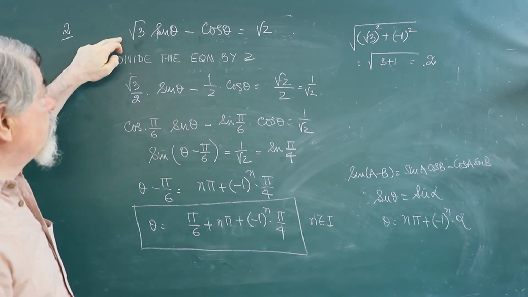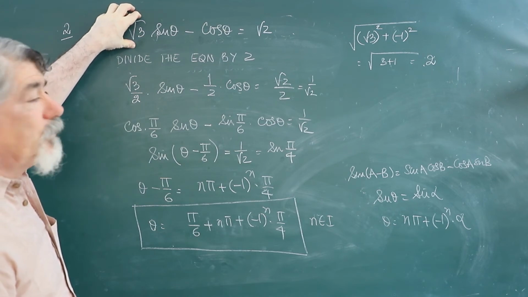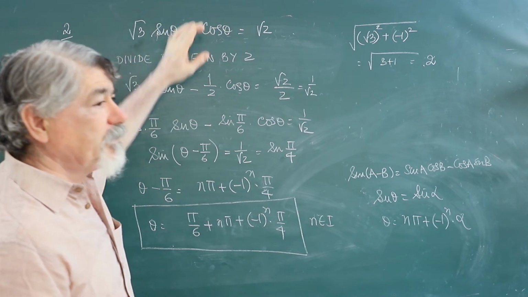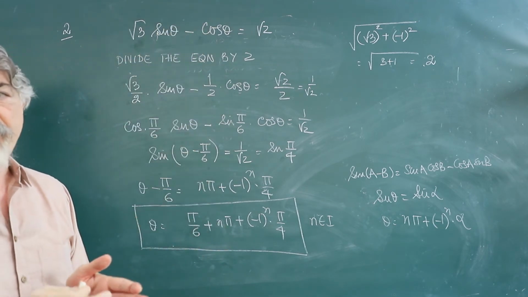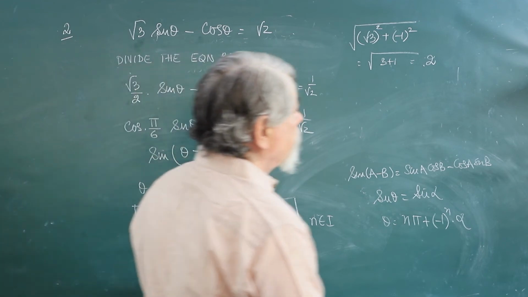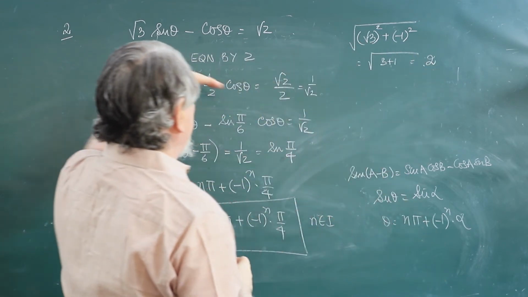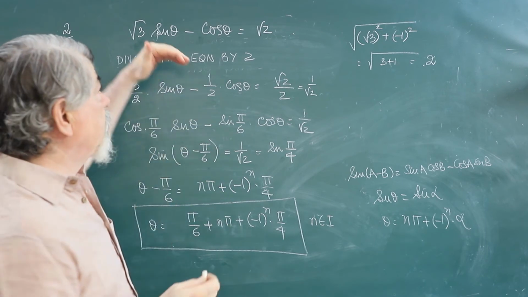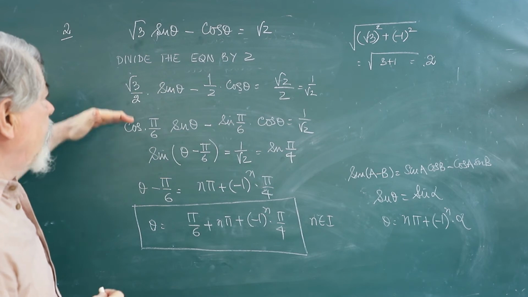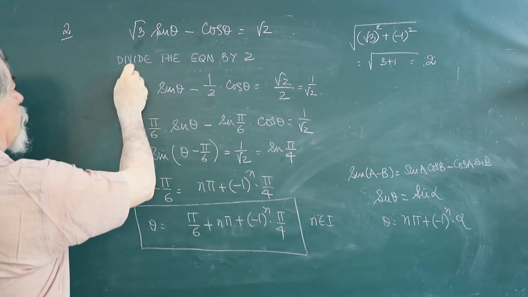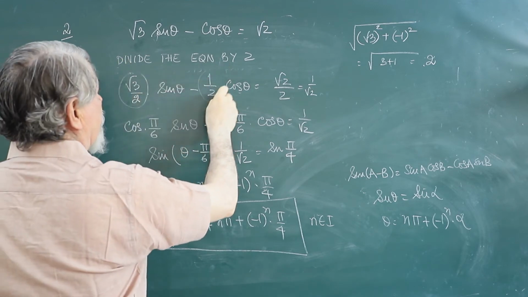So what we did was we squared the coefficient of sin theta, we squared the coefficient of cos theta and added them and took the square root. The square root of that came out to be 2. We divided the whole equation by 2. This is the principle we will follow in this kind of equations. We got the value as root 3 by 2 and 1 by 2.